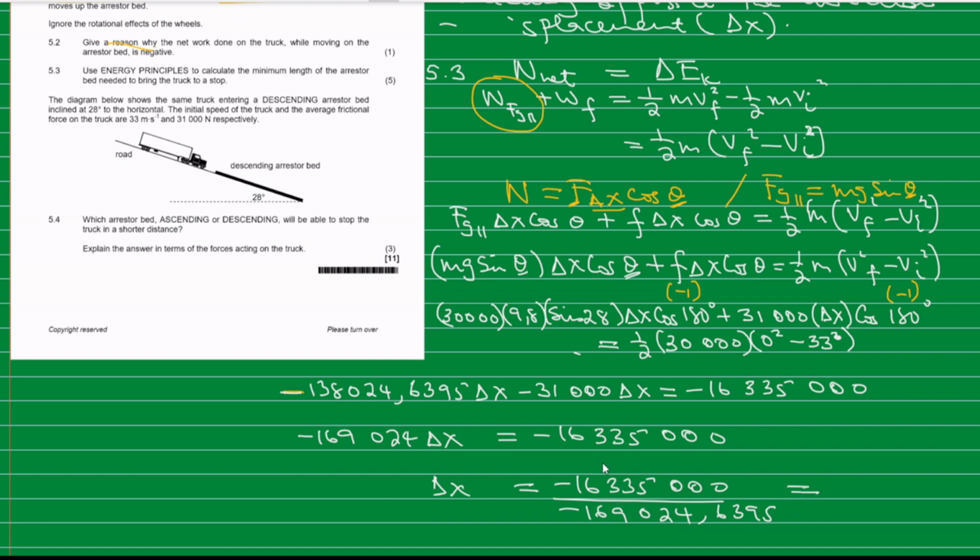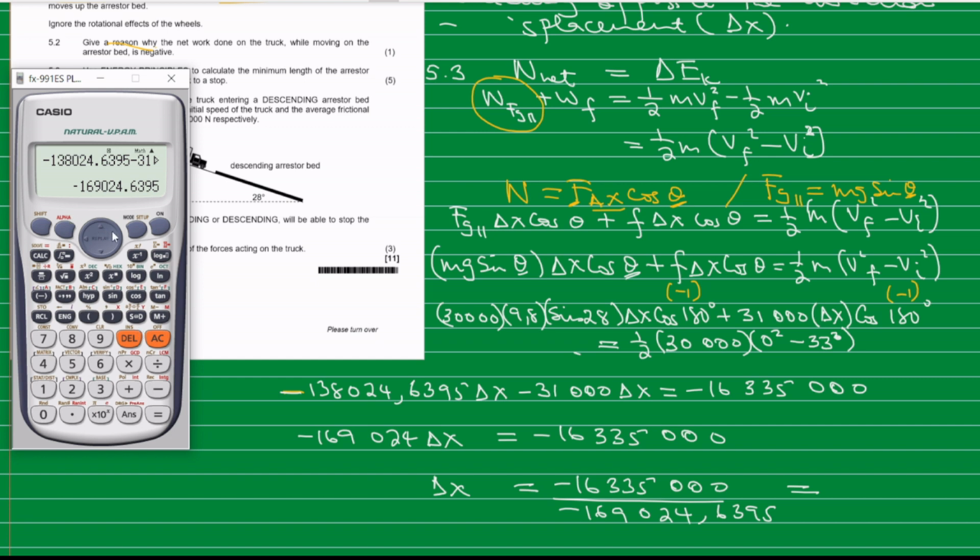Let's see what will be the answer. I'm ignoring the negatives. We know negative divided by negative is going to be positive.